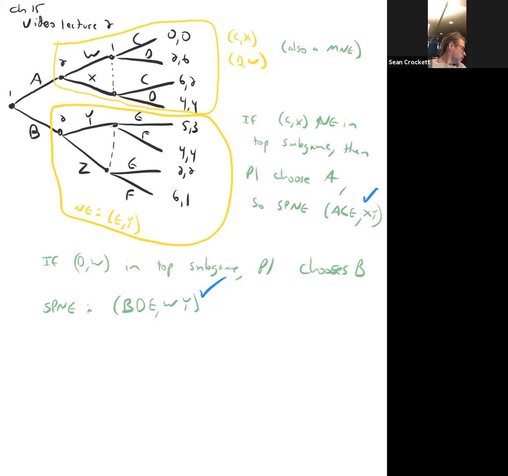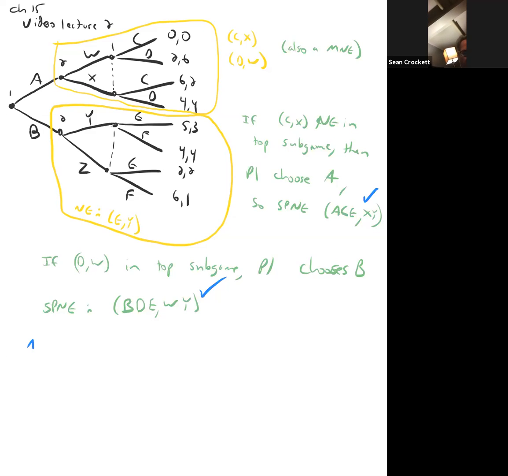So that one has an expected payoff to player 1 of, I'm looking through my video for the math. There we go. Player 1 gets an expected payoff of 3.